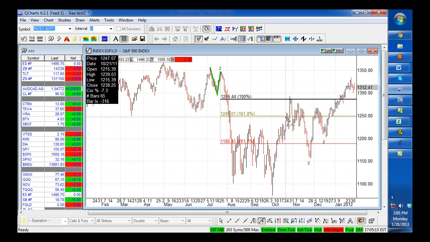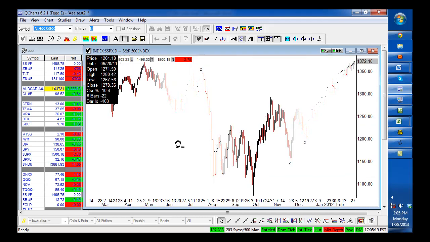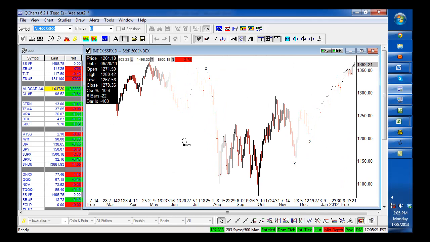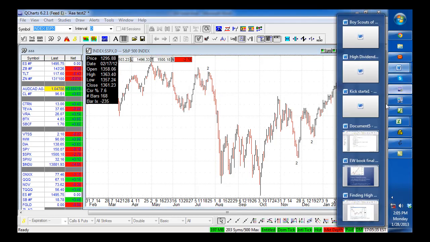But in this case, it's really kind of handy. But what I do is I show you exactly what I use in order to determine when I probably have a P2 and when it's going to have one heck of a move. Can't guarantee it. There's going to be failures.